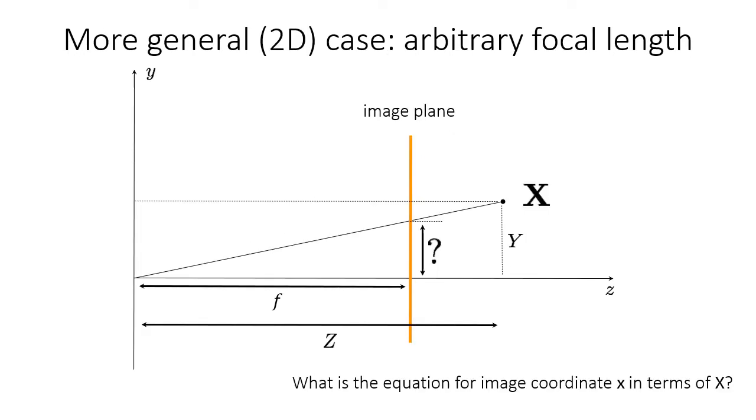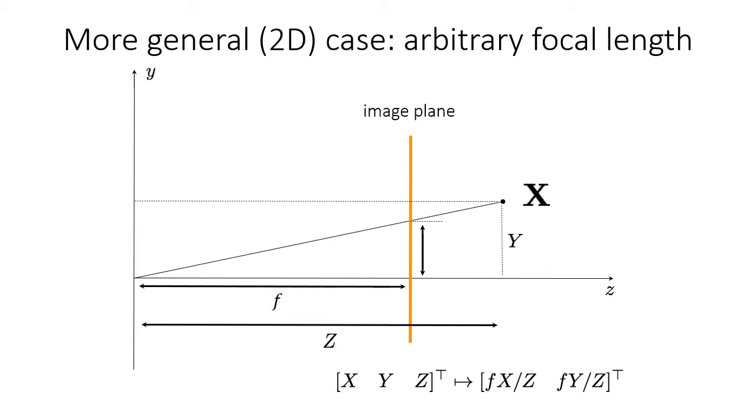Let's consider a more general case. Previously, we assumed that focal length f equal to 1. Then how will it be when this focal length is just an arbitrary value f? What is the equation for image coordinate x in terms of this capital X? Previously it is x over g and y over g, and it is changed from 1 to f.